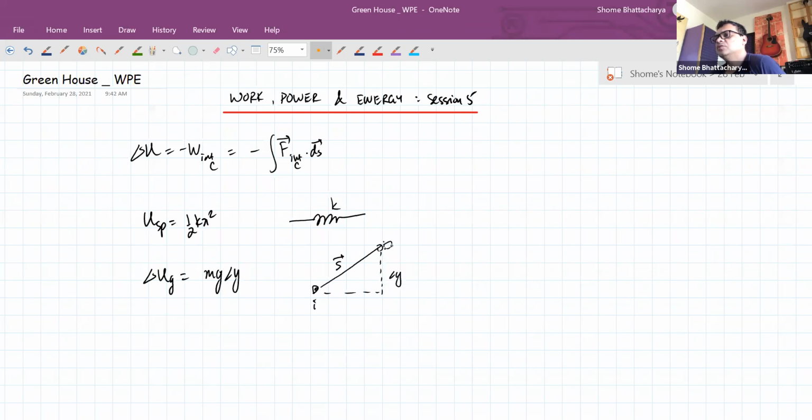So this is the initial to final position for some mass. Then delta y is the vertical component of the displacement. So these are the two formulae in particular that we saw of potential energy.